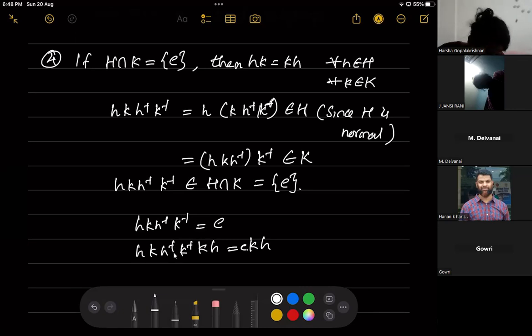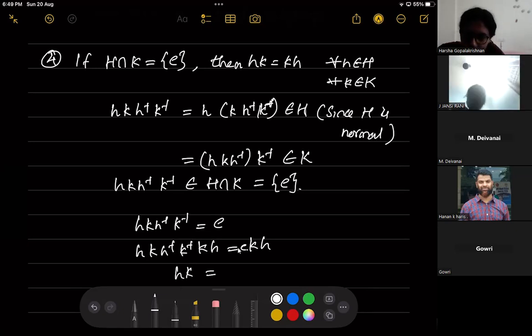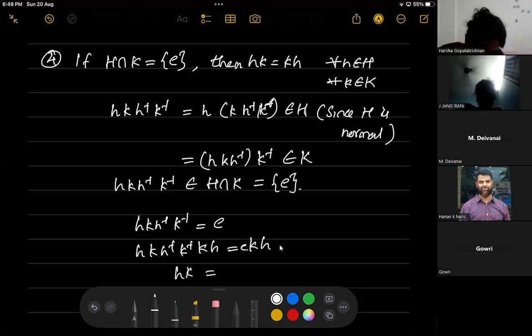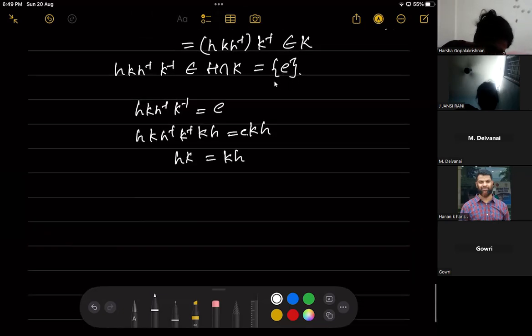So on this side I will be remaining with hk, and on this side identity into kh means it is kh. So we proved that hk equals kh. We started with some elements h and k and proved hk equals kh. That is what the statement says. So the fourth statement is also true.